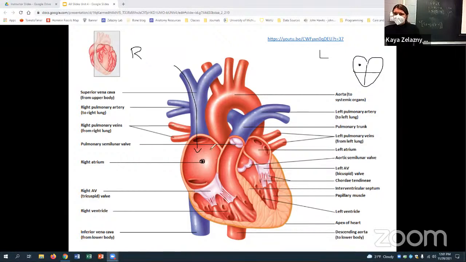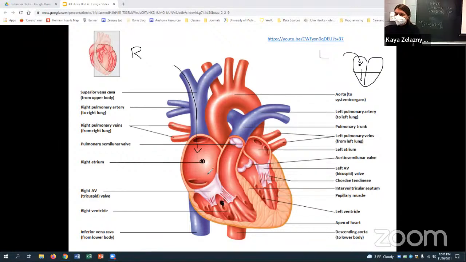body. After the right atrium, as the blood fills there and pressure builds, it's going to start to move into the right ventricle. We're coming in and going down first, basically. So atrium to ventricle. This is our right ventricle here.